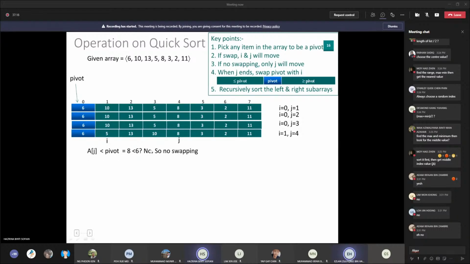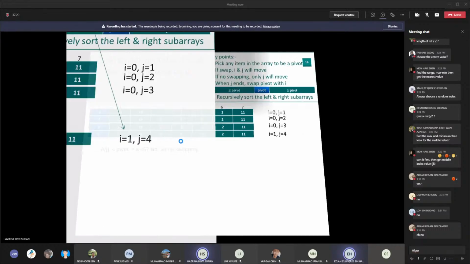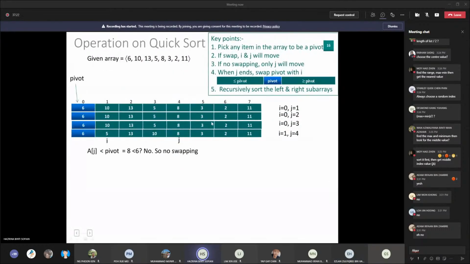Okay, re-explain again. Compare j with pivot, and since j is not smaller than pivot, there will be no swapping with i plus 1, so j will move forward, increment. So only j will move.